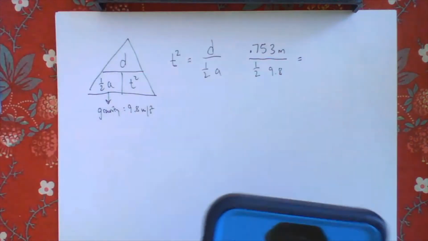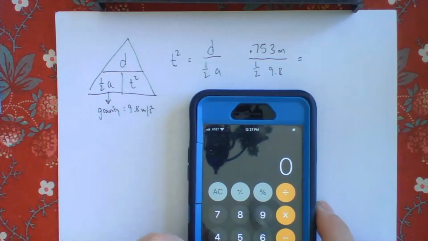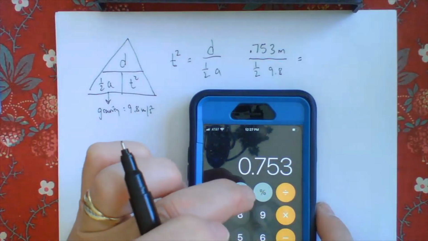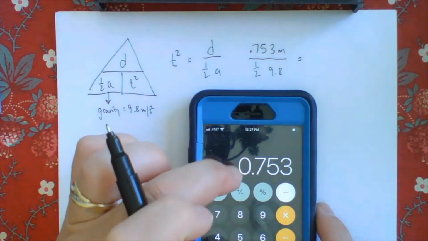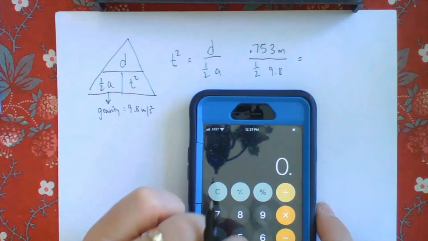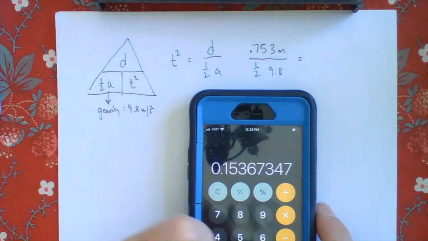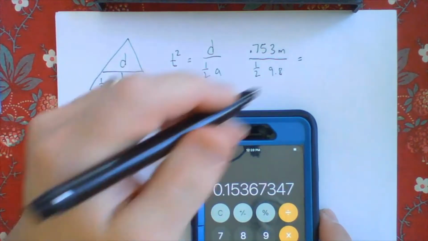So now I've got to grab my calculator again. Okay, so we're going to take our 0.753. We're going to divide it by half, and then we're going to divide that by 9.8. So that gives me my time squared.